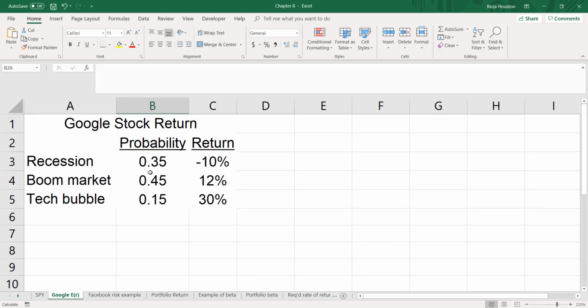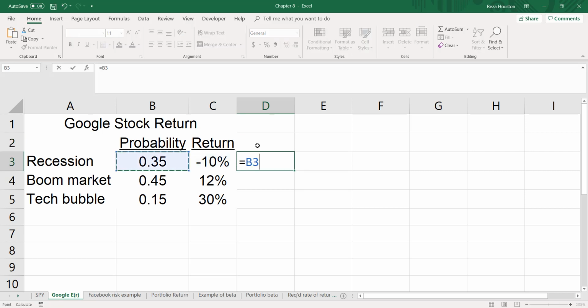And here we have our probabilities and our expected returns. Now, to calculate the expected return on Google stock, first thing we're going to do, since we've already got our probabilities and our returns, is take the products of each of these probabilities times returns. So I'm going to go ahead and do that.